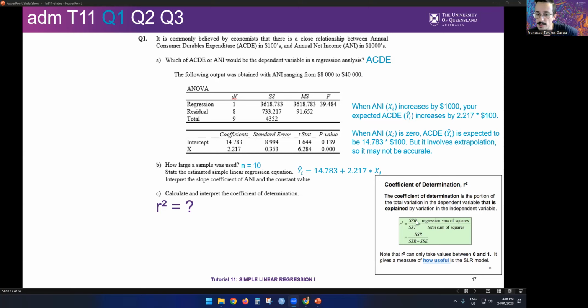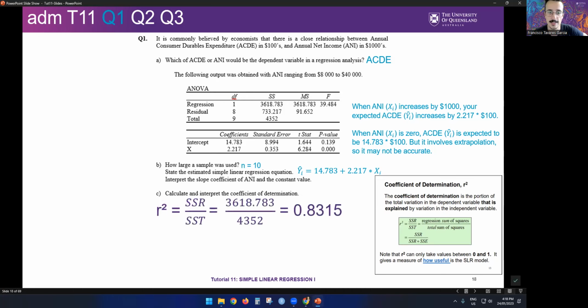But here is how we calculate it. Well, first of all, let's go through it together. One of the ways of calculating is to look at our sum of squares. So the sum of squares of our regression is 3,618.783. Have a look at where it is in our ANOVA table.